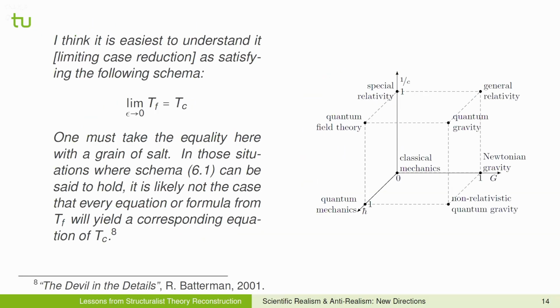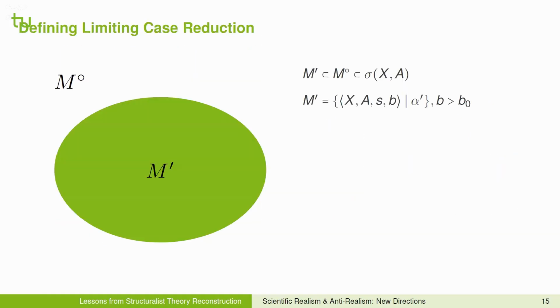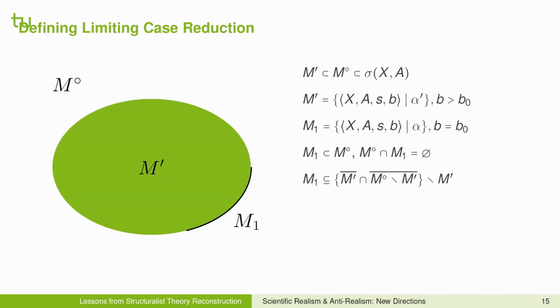For example, when we look at these examples, classical mechanics doesn't have the speed of light as an essential parameter in this theory. So this should simply be added to this theory in order to make it of the same structure as M prime. Usually we also need much more changes to the theory, but basically we bring M1 into the same mathematical structure as M prime.